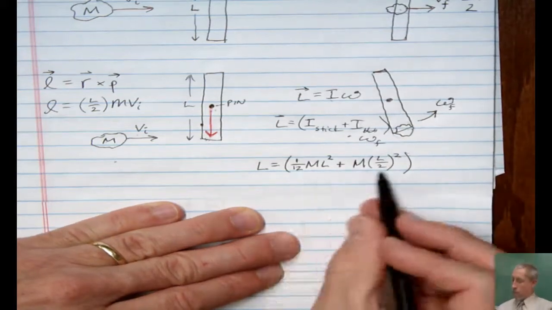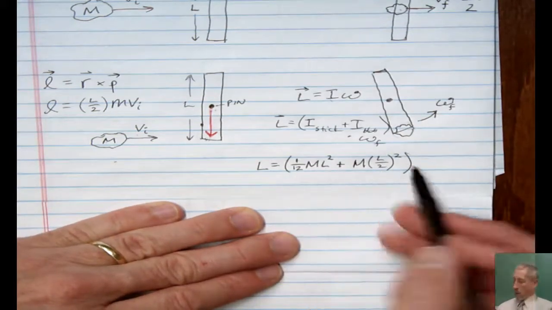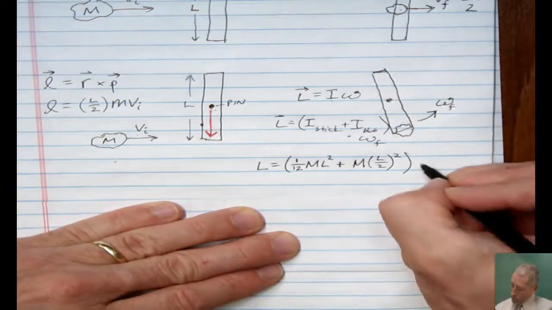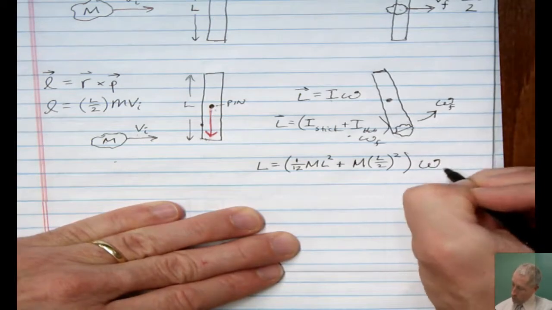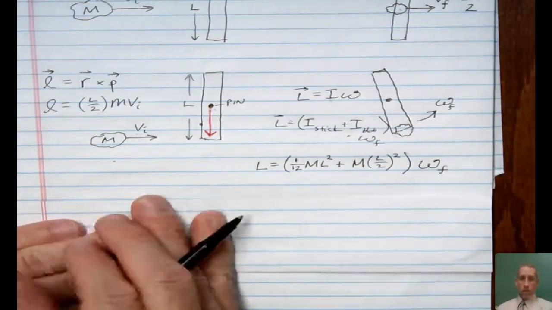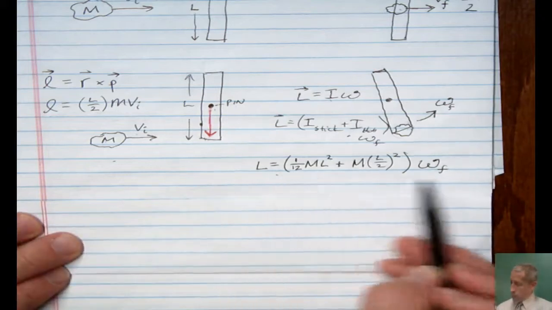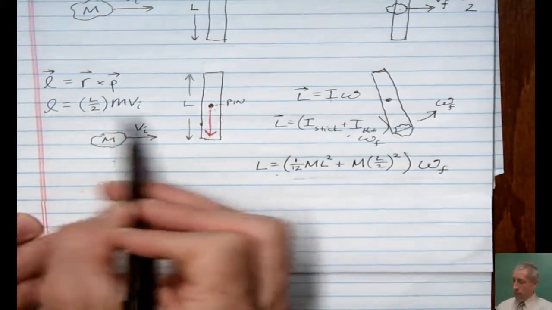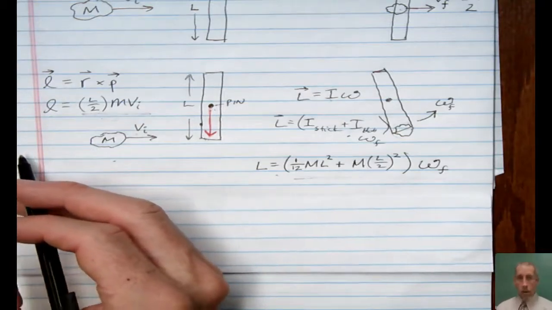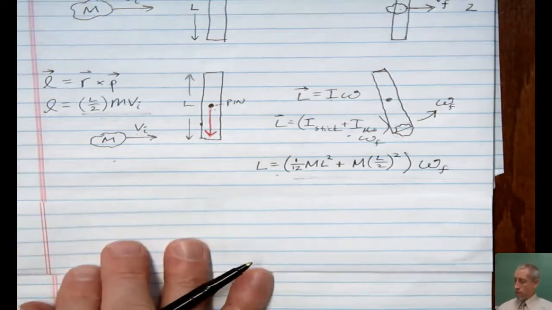So that represents the moment of inertia of this whole arrangement, the stick and the blob combined. And then when we multiply it by the final angular velocity, that represents all of our angular momentum. So this angular momentum expression would be set equal to that angular momentum expression. That's the conservation idea. And then you would just do some algebra to solve for omega or whatever you were asked for in a particular problem.